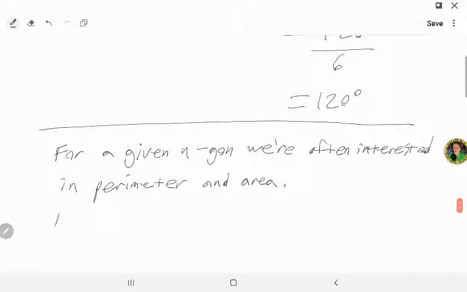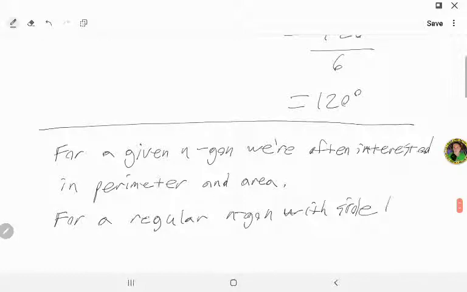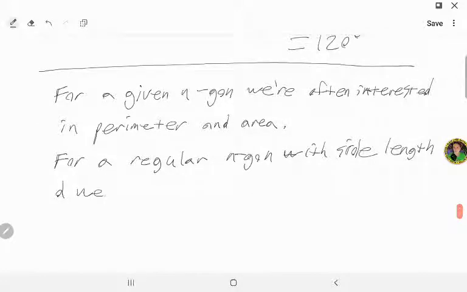And so, for a regular n-gon with side length d, we know the perimeter is n times d, because there are n sides, they're all of length d, quick and easy.